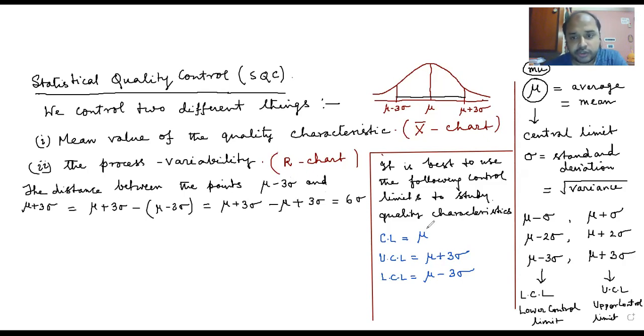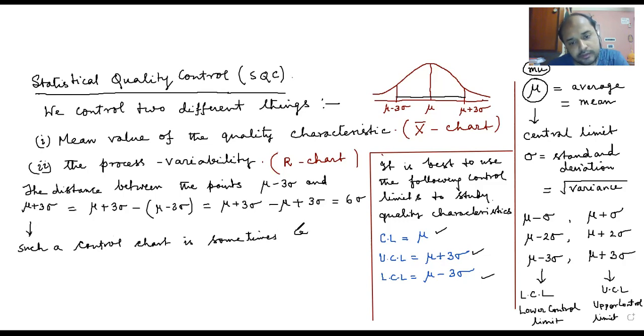And therefore, when you use these results, upper control limit, lower control limit, and central limit, such a control chart is sometimes called a 6 sigma control chart, in general.